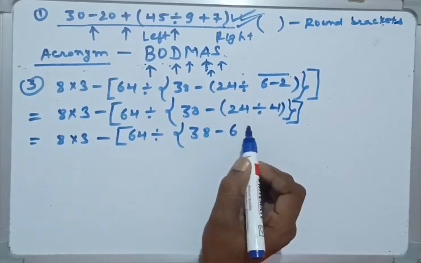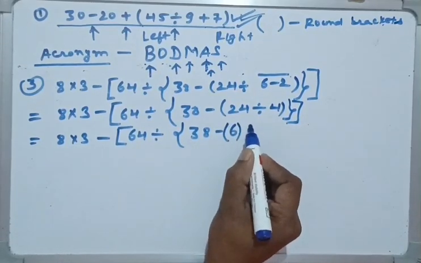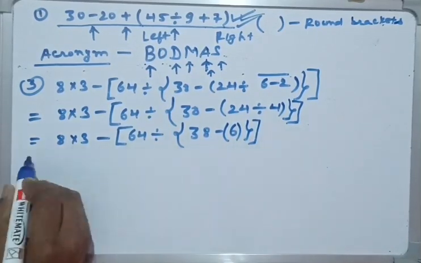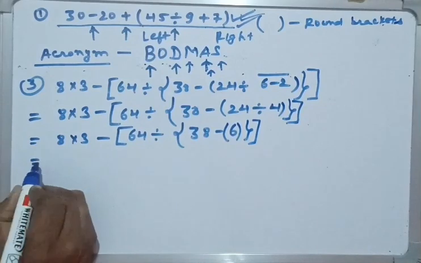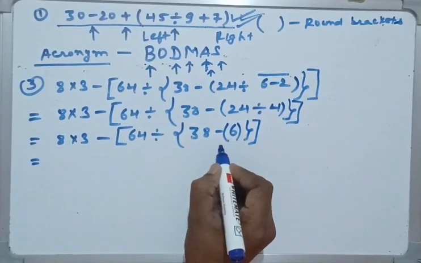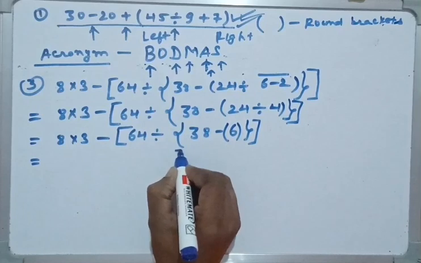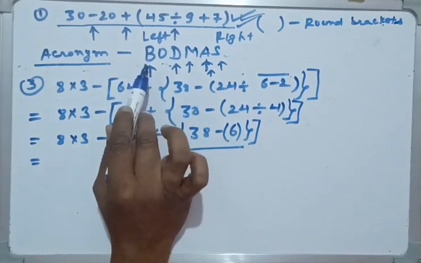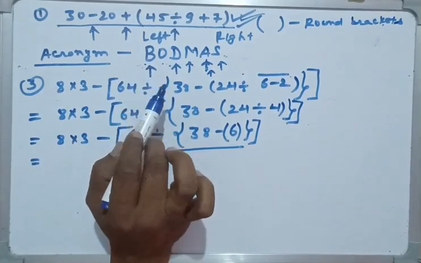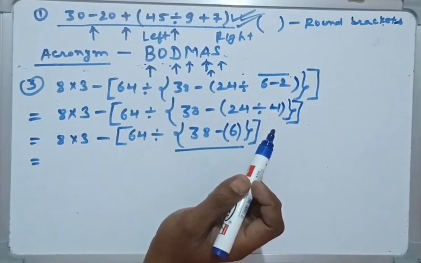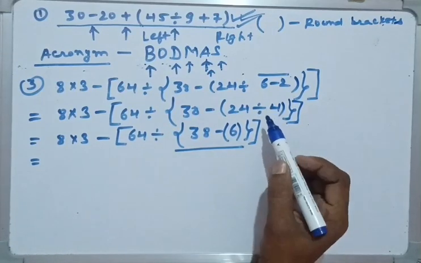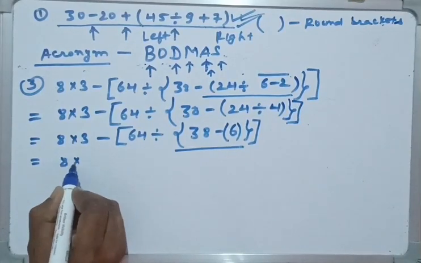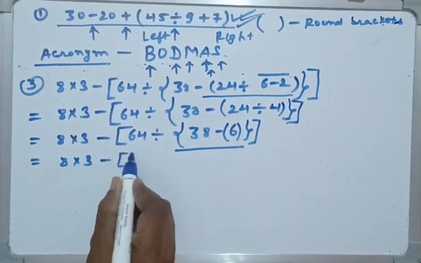So guys, we can write it like this, or you can write it like this. Next, we solve this curly one, because in the bracket concept the second one is the curly one, since we have already solved the round one.